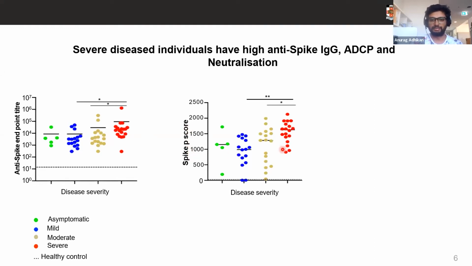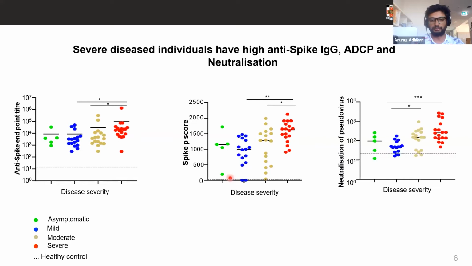So you have higher ADCP among severe patients compared to asymptomatic. The dotted line is the healthy control in each graph. And again, you have higher neutralization function in these severe patients. So it's very obvious that the more severe the disease, the better the functions you might produce after infection.